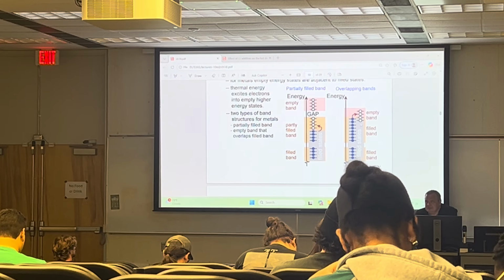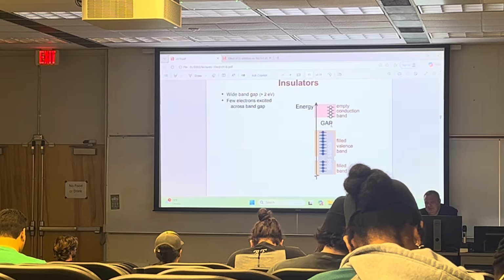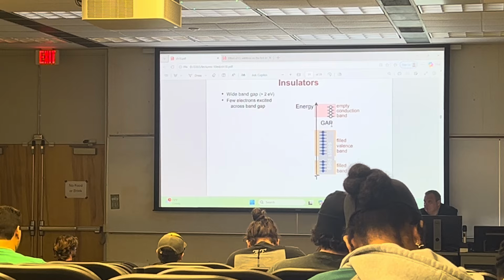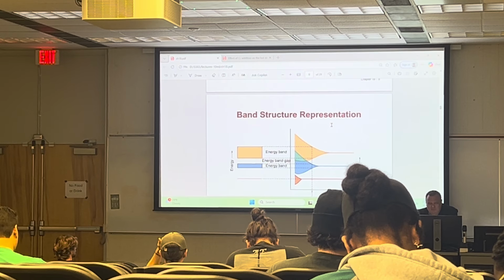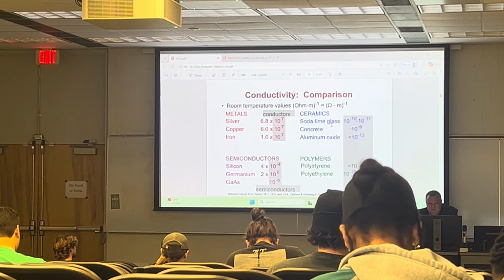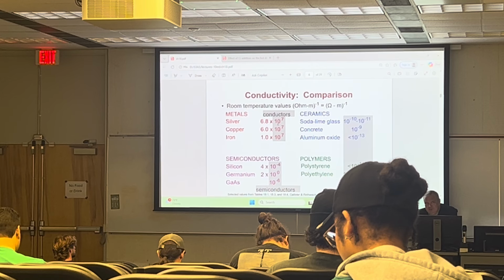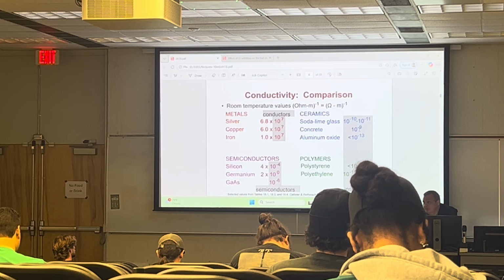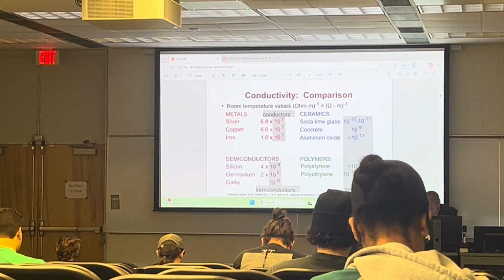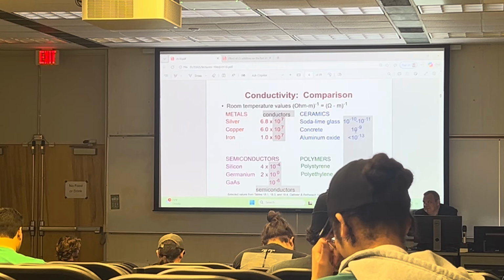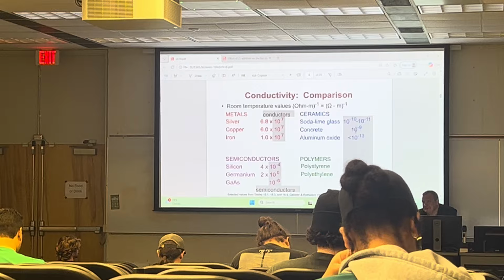In metals it's like a road. But for insulators, there's a roadblock, so they just can't get over. And then if we go back to the actual values, we see the difference between a metal of 100 million and millions on the opposite side, but it's not negative.